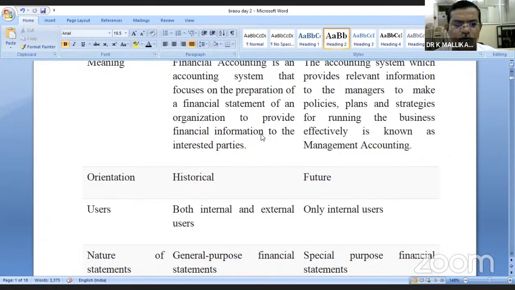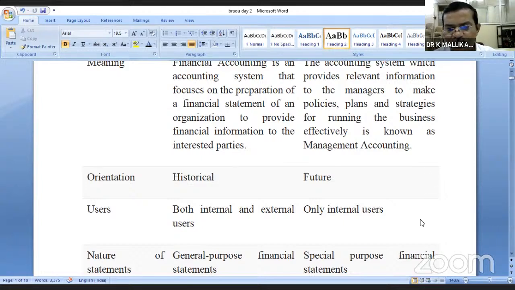These external bodies also want to know the company's performance. Similarly, internal company management, company shareholders, and external parties like borrowers, those giving loans to the firm, want to know the company's profitability and solvency ratios. Whatever the risk is, whether it is a debt-free company or a debt-based company, what kind of risk is involved in giving a loan to a particular firm.